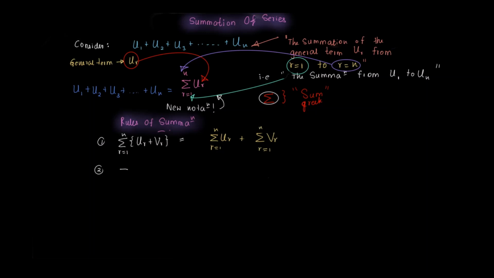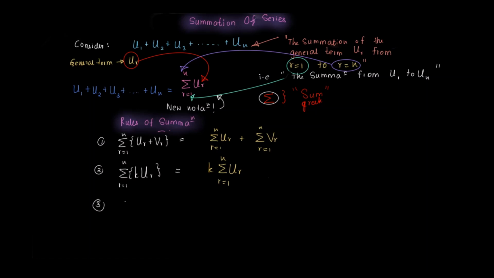Now the second one is a summation of K times the general term from R is equal to 1 to N. It's simple. You can just take out K as the common factor because K is common to every term, and that is still valid. So K times sigma UR, R is equal to 1 to N.